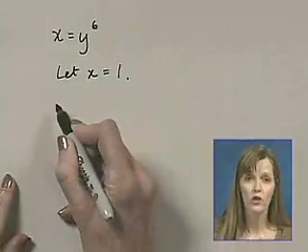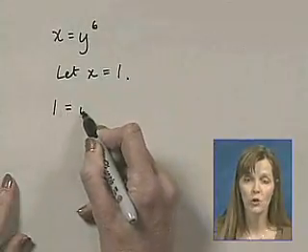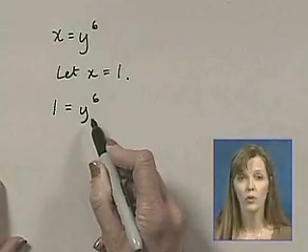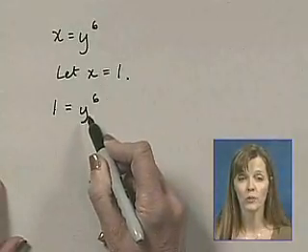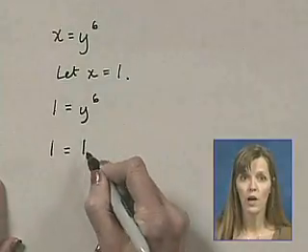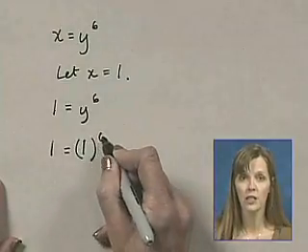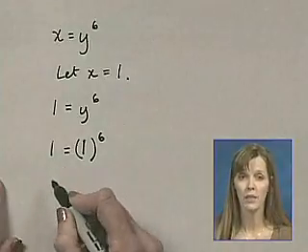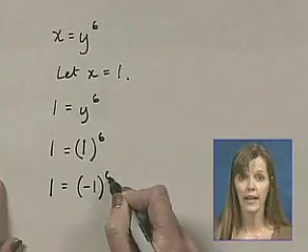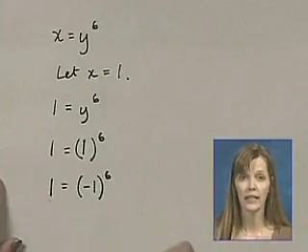In this equation, we would then be saying 1 is equal to y to the 6th power. Now, is there more than one y value that would fit in this equation? Well, you may note that if we take 1 itself and raise it to the 6th power, we'll come up with 1. But we can also come up with an answer of 1 if we start with -1. -1 to the 6th power is equal to 1.